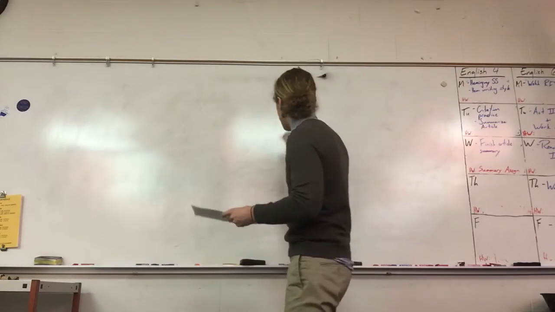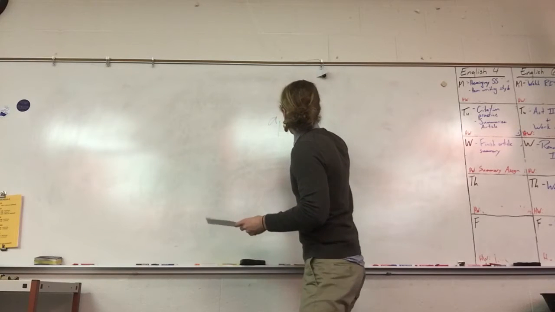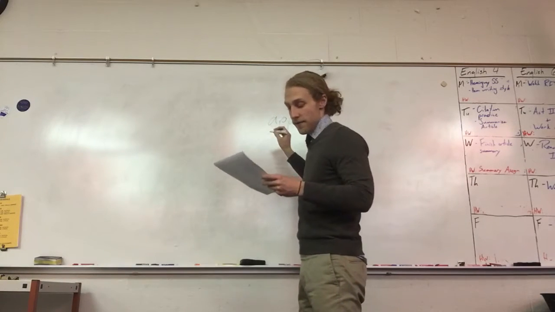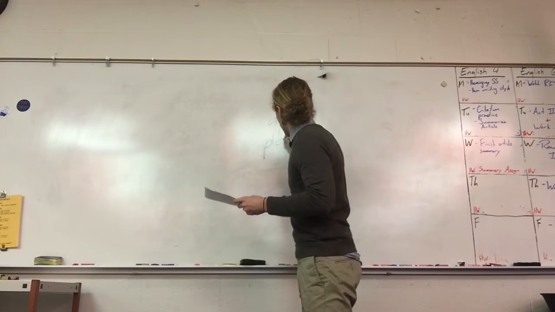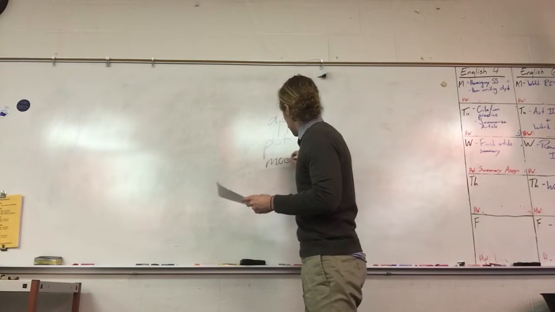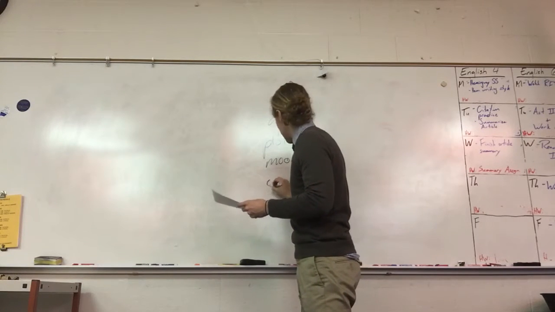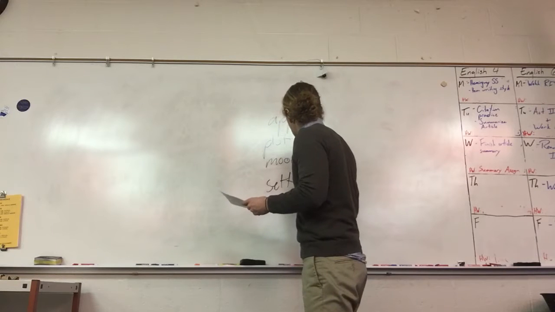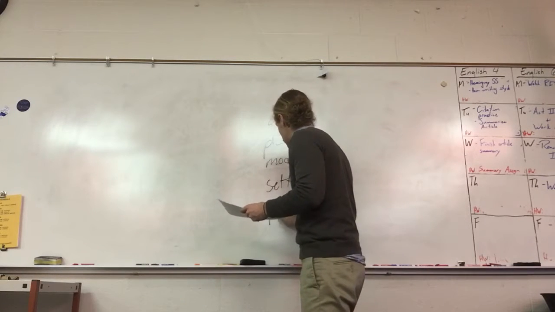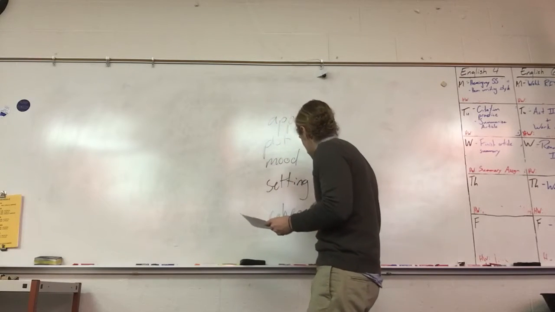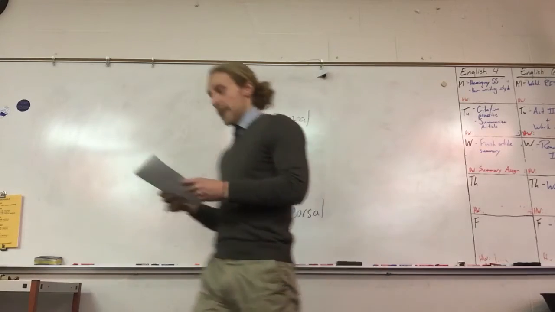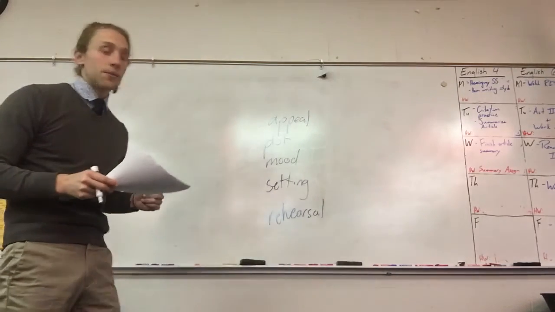So we have 5 options here. We have appeal, we have plot, we have mood, we have setting, and we have rehearsal. And that blank is talking about the location of the play, remember?